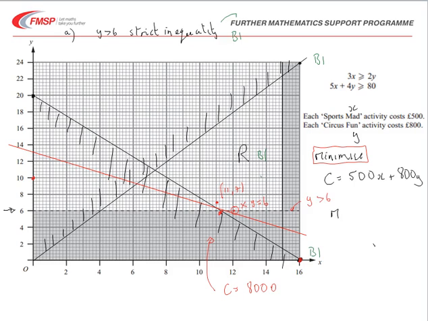So we can say therefore the minimum is when x is equal to 11, y is equal to 7, and then we get a cost of £11,100.